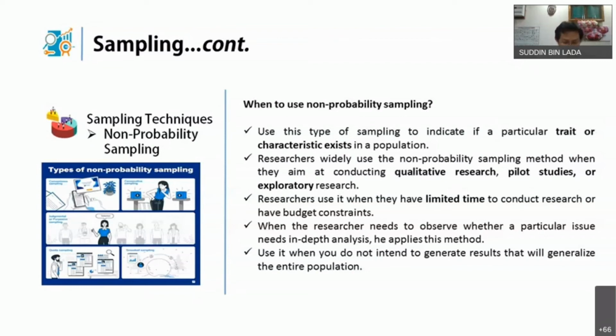Let's say I'm giving you an example, the micro enterprise in Sabah, when they are trying to assess the readiness of this micro industry in adapting technology, especially in online business, they conduct exploratory research. Then, in the process of collecting data, they use non-probability sampling because they do not know what really happened to the micro enterprise in Sabah.